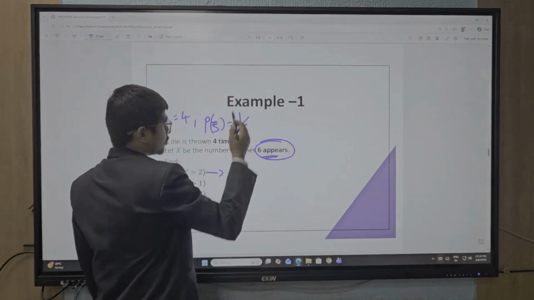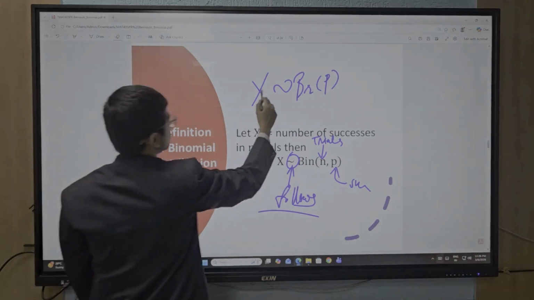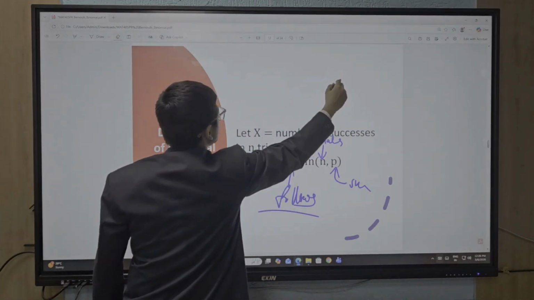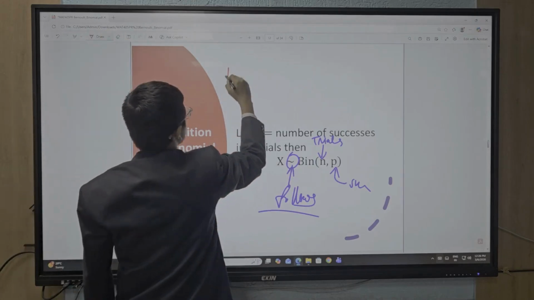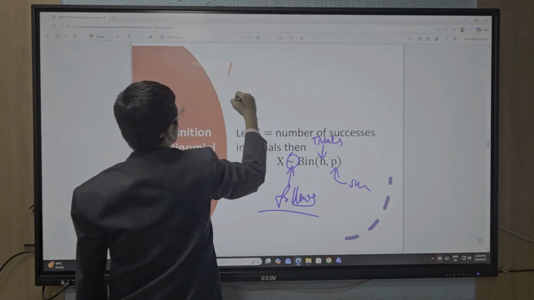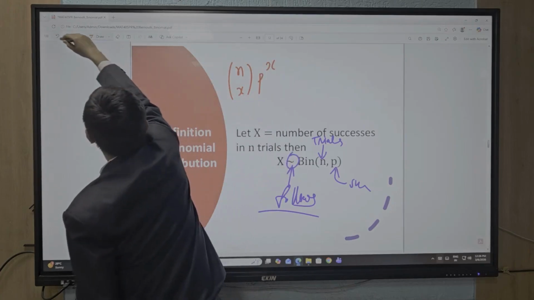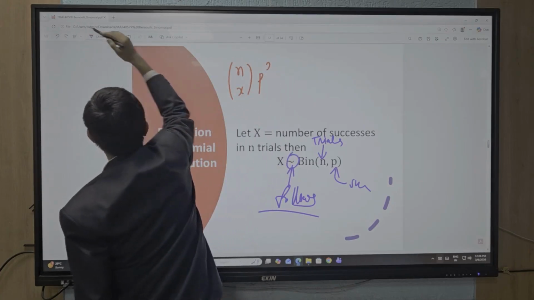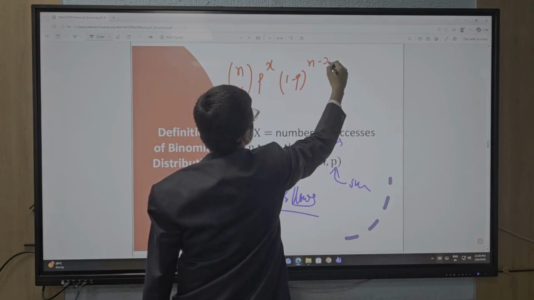Now we have to understand the PMF, the probability mass function. Let's suppose I write the PMF: nCx p raised to x into 1 minus p raised to n minus x.